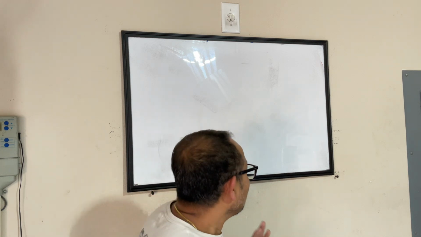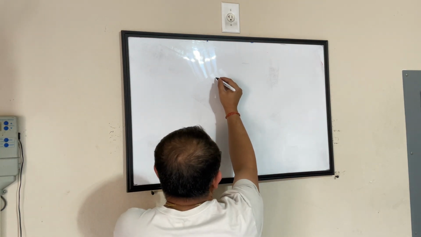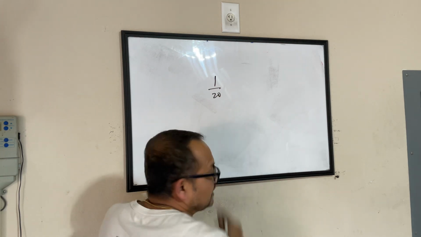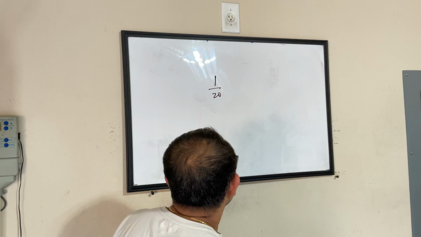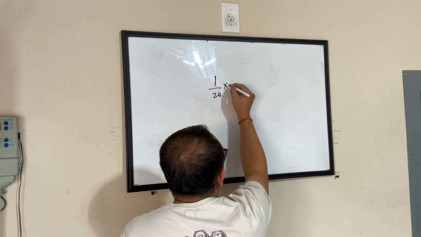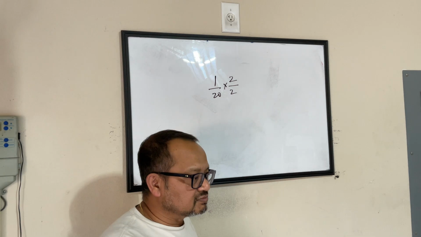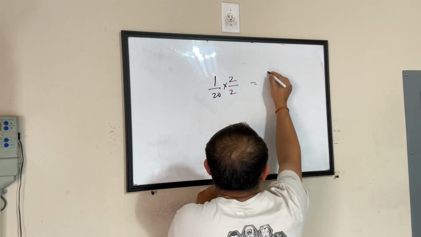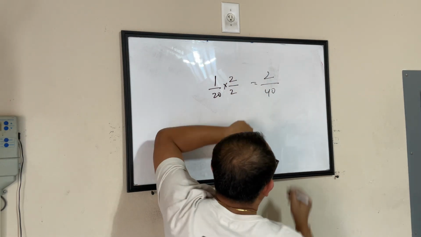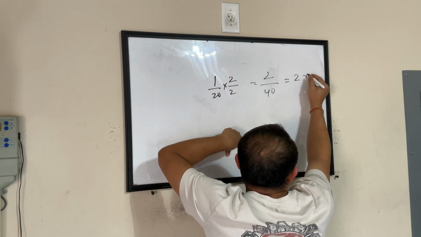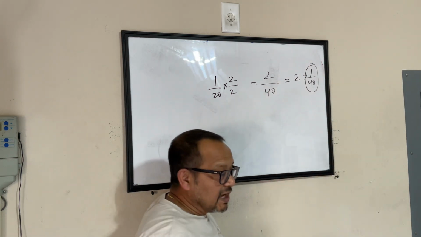Okay. Now, decomposing a fraction we know. So one last time, if somebody says decompose 1 by 20, meaning break it into multiple fractions, I can multiply here and here by a number 2. So 1 into 2 is 2, 2 into 20 is 40. Now I got 2 by 40, which I can also write as 2 into 1 by 40. I gave this a name. All of you like mangoes.